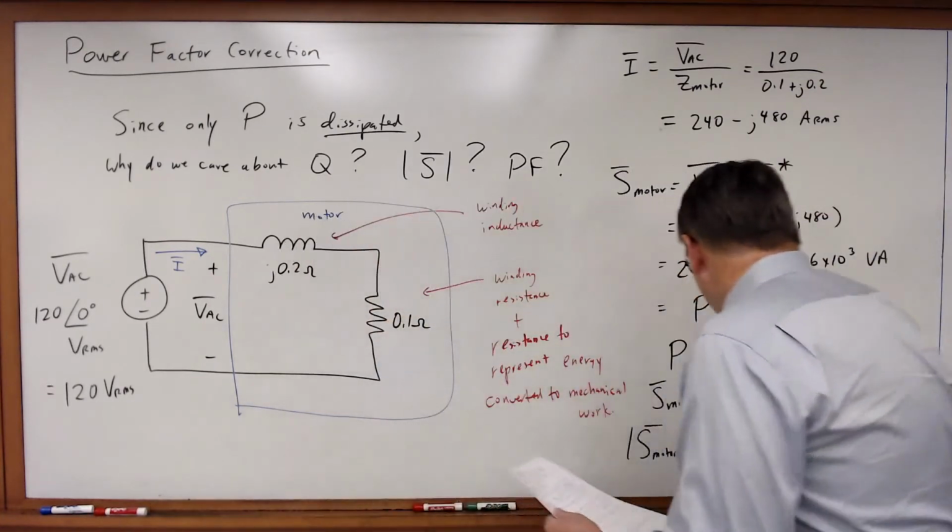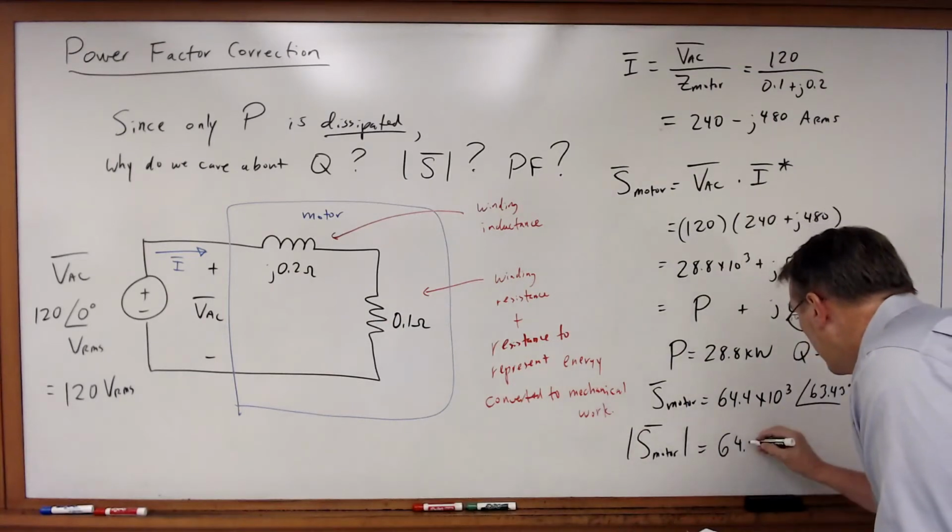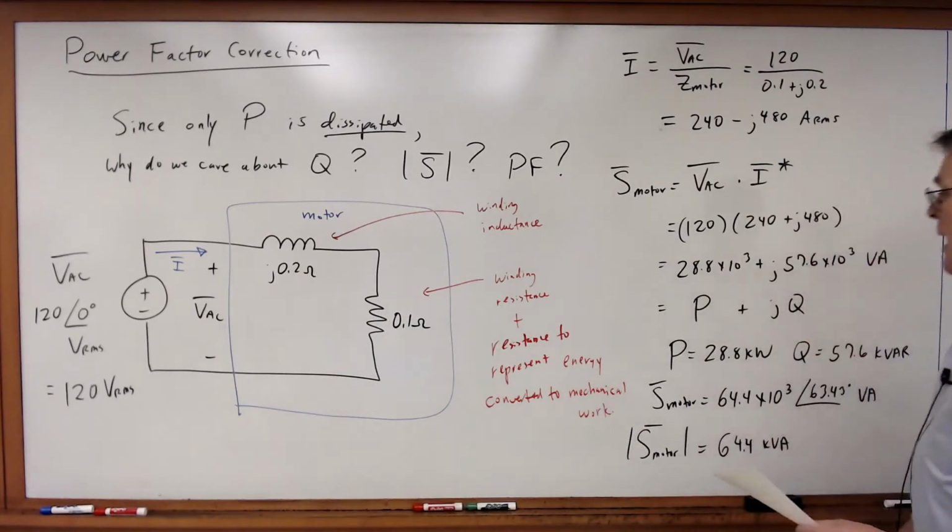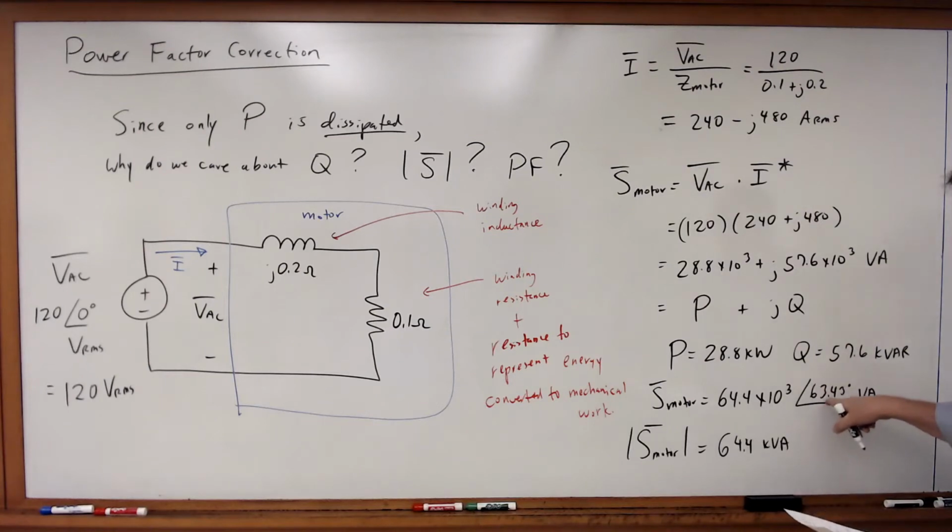And the power factor will be equal to the cosine of 63.43 degrees.